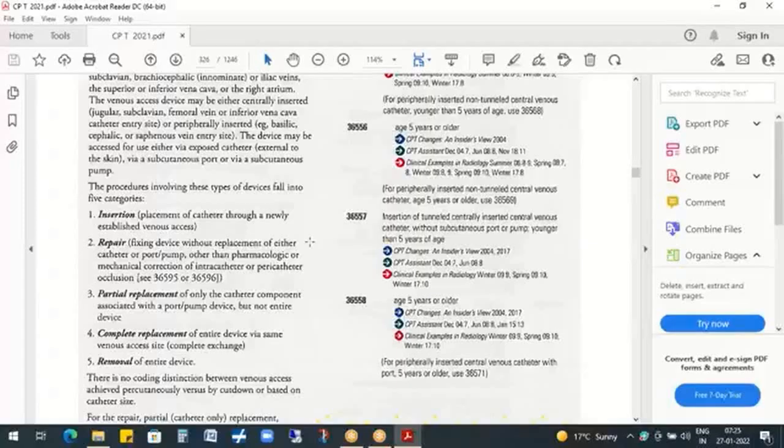Second point, catheter or device. Third point, central or peripheral inserted.